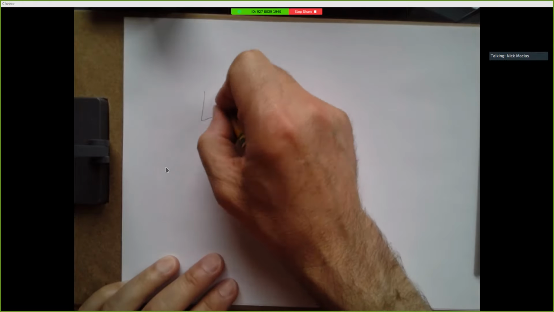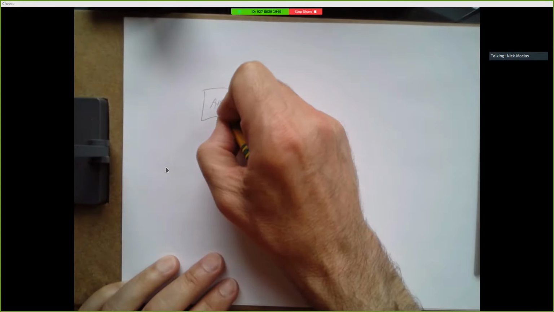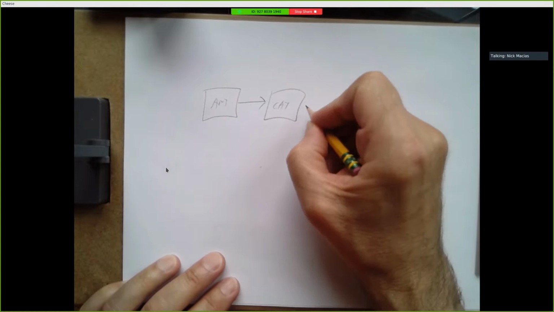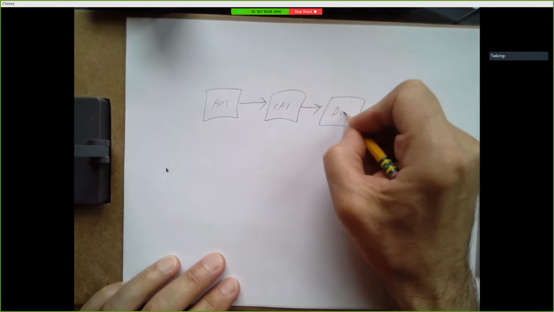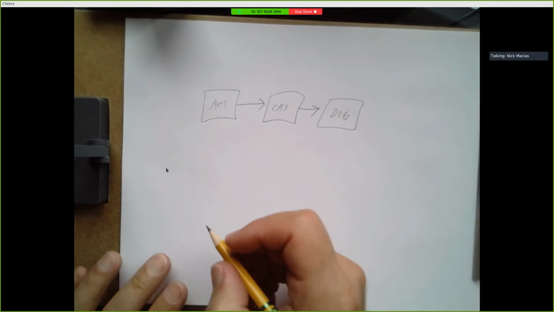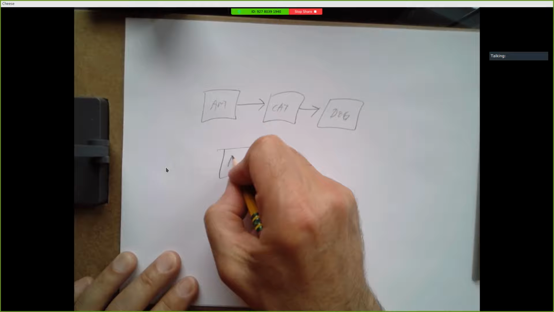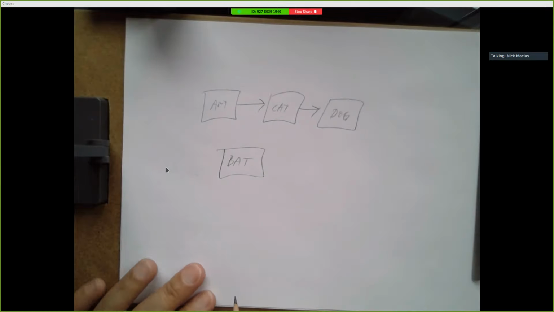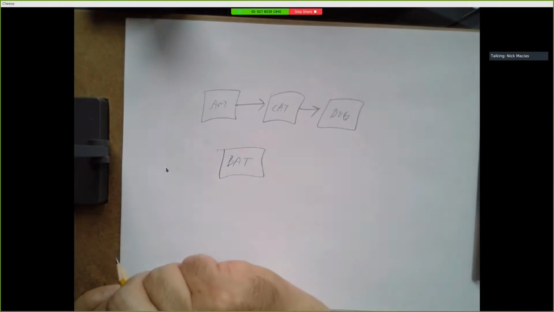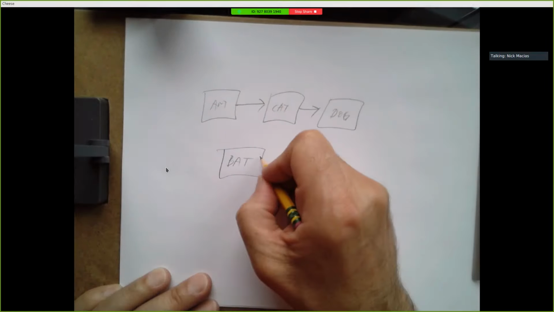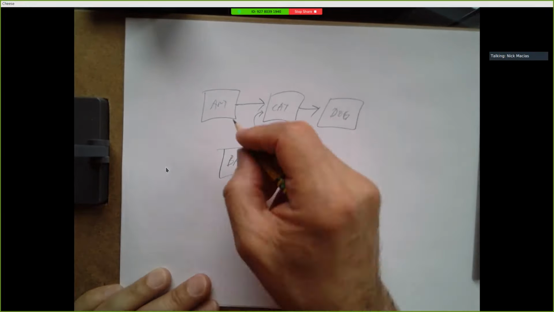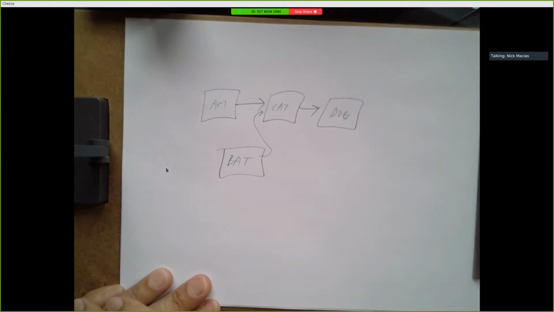So here's an ant, and here's a cat, and here's a dog. And suppose process 1 wants to add a bat to this list. So you're going to create a new node, and you're going to look at where this node is pointing, and you're going to set this node to point to that, and then you're going to change ant to point to bat.